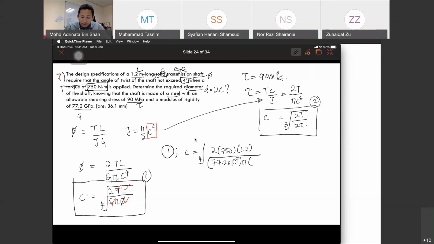Phi is 4 degree, so we get 69.813 times 10 to the power of negative 3 radian.